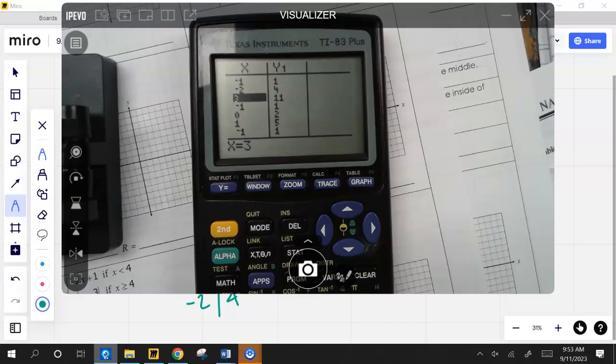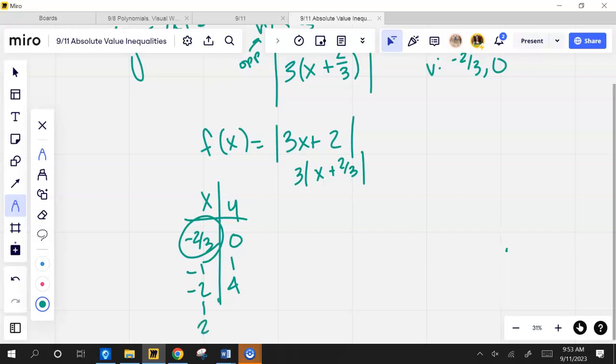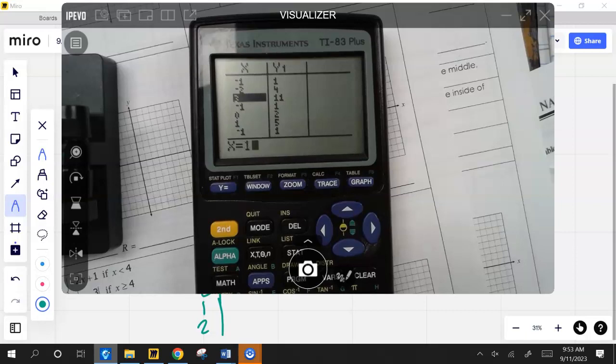You take your vertex and then pick 2 points to the left and 2 points to the right. So now if I want to go in the other direction, 1 and 2 maybe. Those would be perfect. So positive 1 and positive 2, and I get 5 and 8.